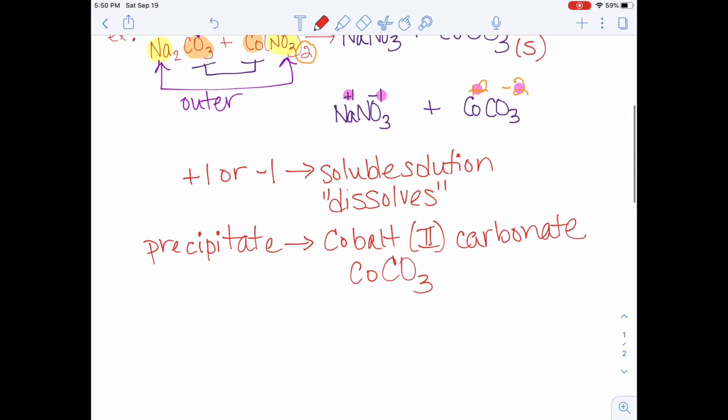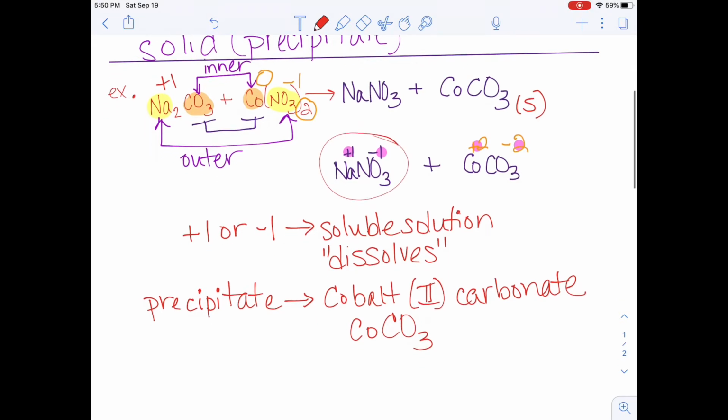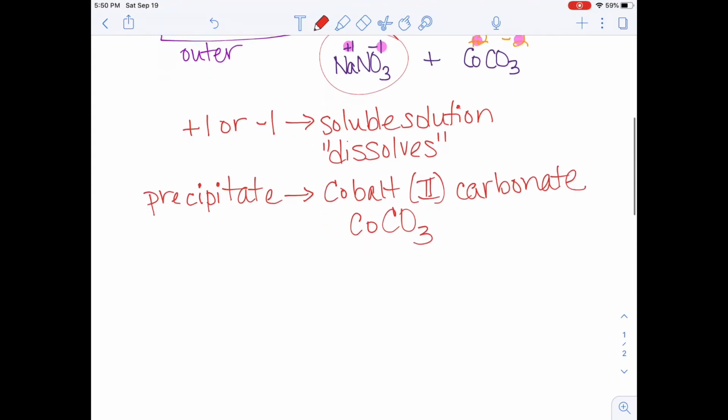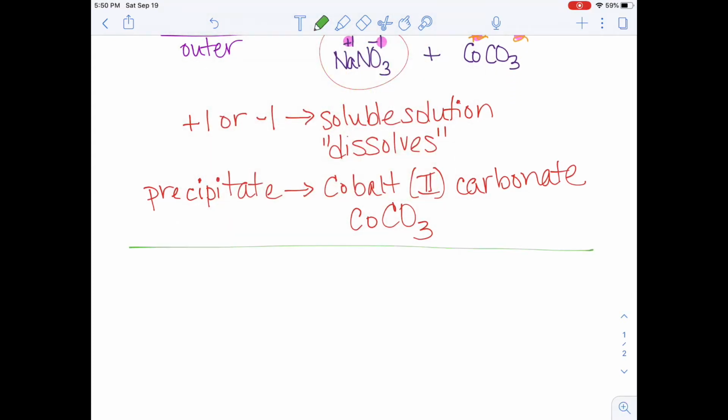Now, the other part we need to talk about are these sodium ions. If you look here at the beginning, we had sodium +1 and nitrate ions in these solutions to begin with, and we still have those ions sitting there at the end. Those are called spectator ions.